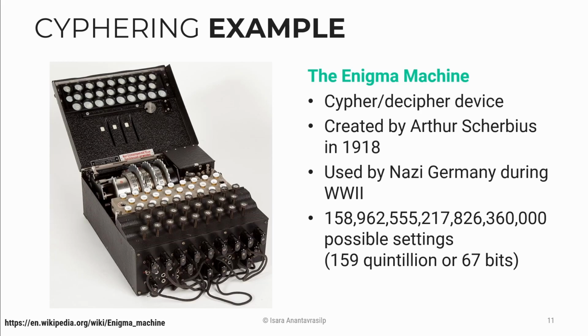Anyway, why did the Germans go through this trouble to encode their communication? Why can't they just send the communication through some other private channel? The problem is that all communications during World War II, and also today, are open.